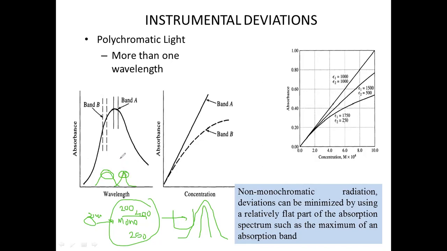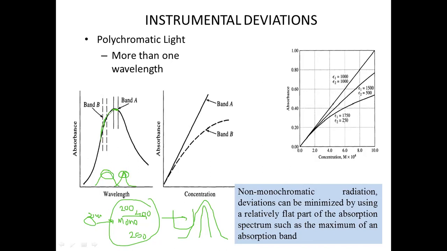Here, the wavelength selected for the measurement decides the deviation, or the measured absorbance value. So generally we operate at the flat portion of a band rather than on the sloping portion of the band.